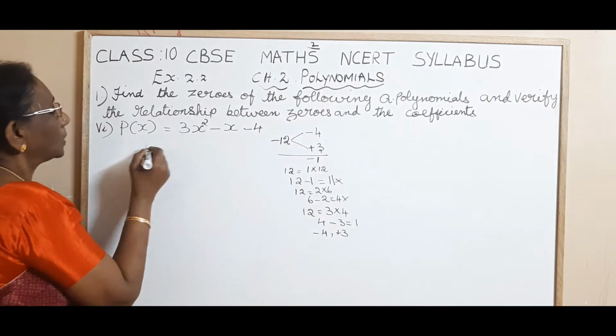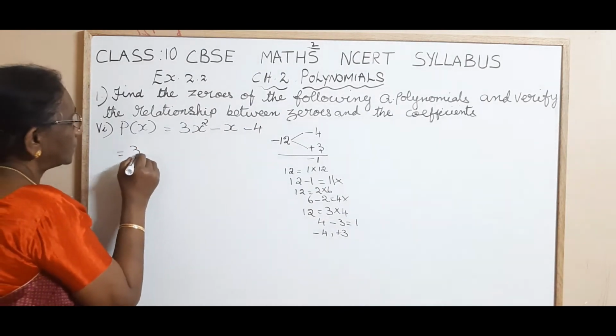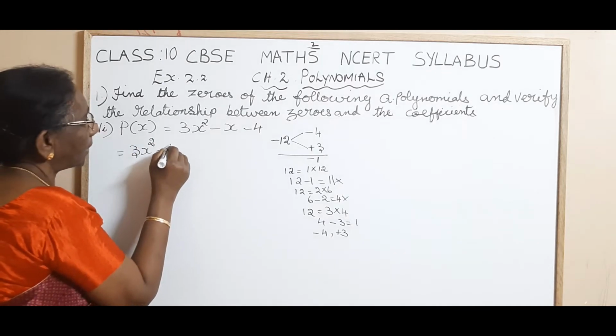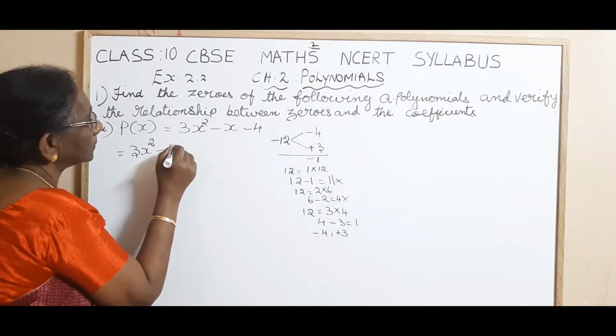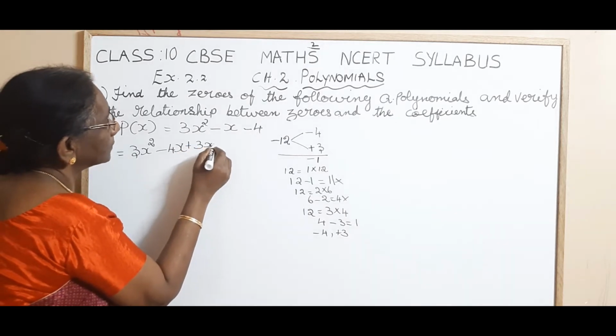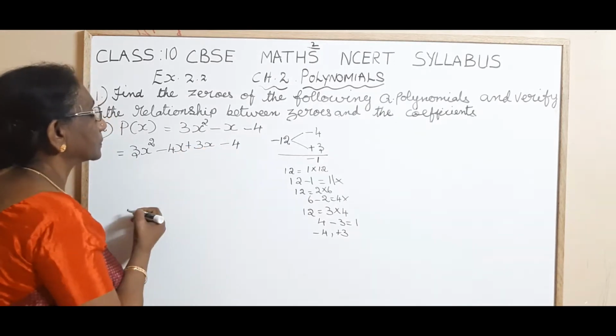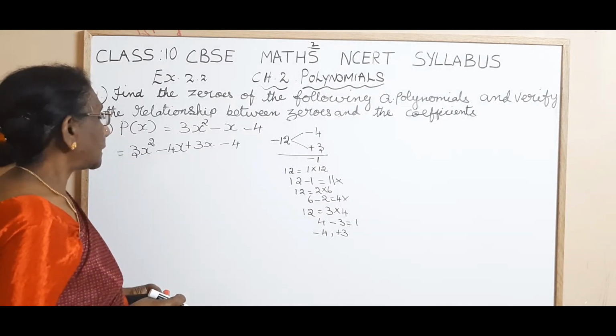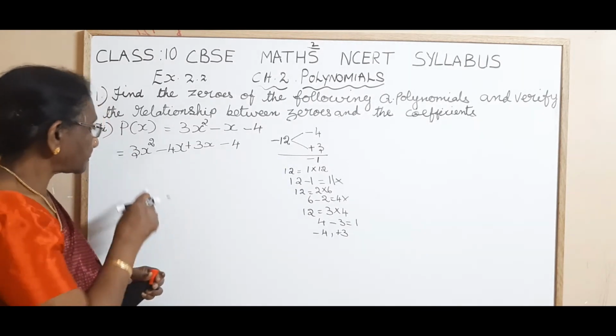You have to write this as, we are splitting the terms, 3x squared minus 4x plus 3x minus 4.